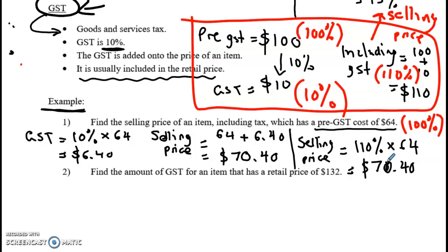All right, question 2. Find the amount of GST for an item that has a retail price of $132. Okay, so this time they've told us the price that includes GST. So the retail price here, this thing includes the GST.